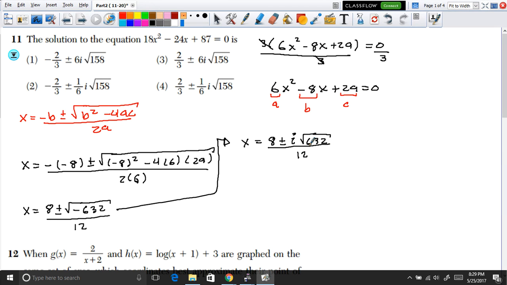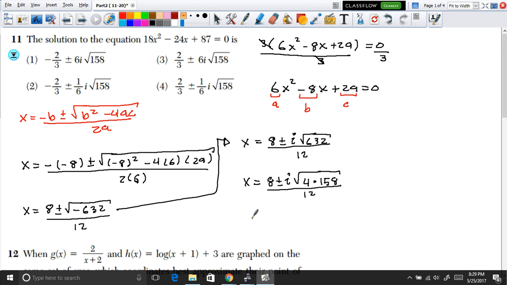Now notice the following. Notice that 632, we want to rewrite into a perfect square factor, and we know that we can rewrite 632 as 4 times 158. You can check that in your calculator. Now, why do we use 4?